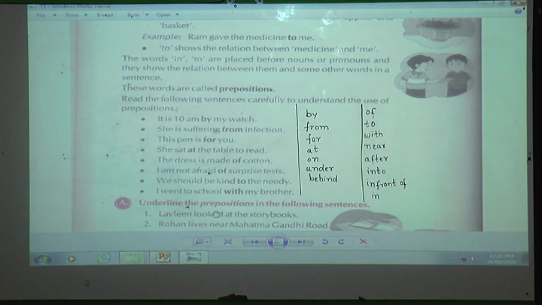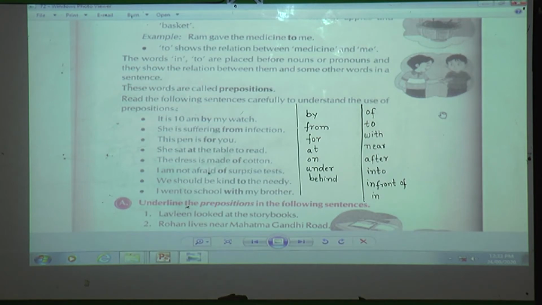Okay. So below you can see exercise A. What have they given? Underline the prepositions in the following sentences. Ready? If you understand all these words, then you will be able to recognize the prepositions in the given sentence.